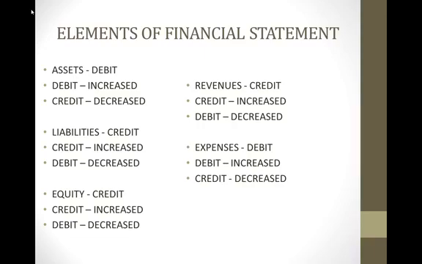Now, let's have the 3 with credit normal balance: the liabilities, equity, and revenues. In these 3, the liability is affected by increase and decrease, while equity and revenues will be affected only if the stated problem has an adjustment.